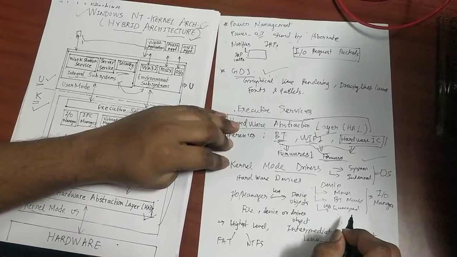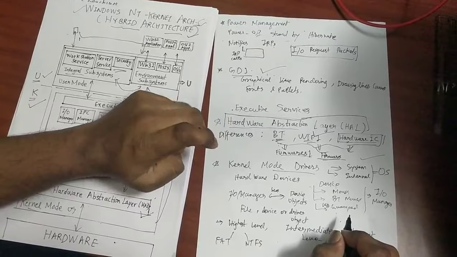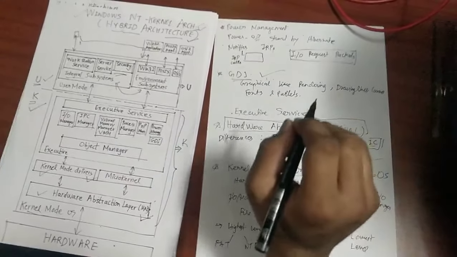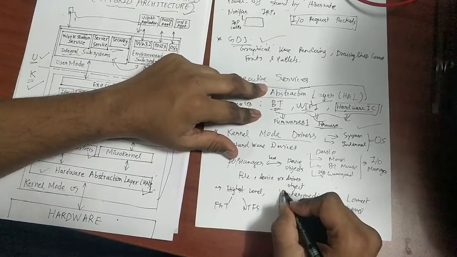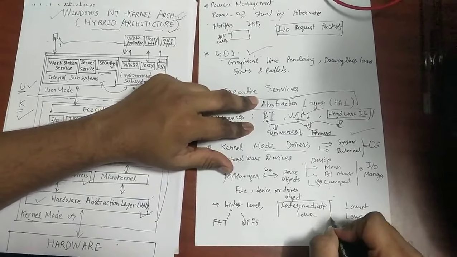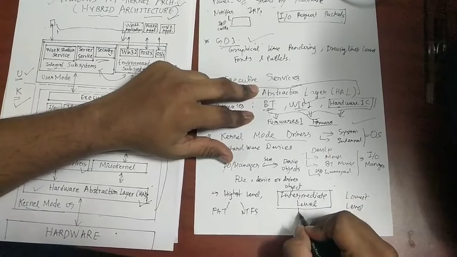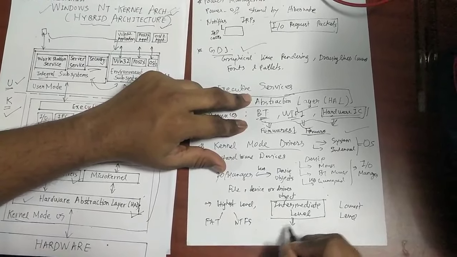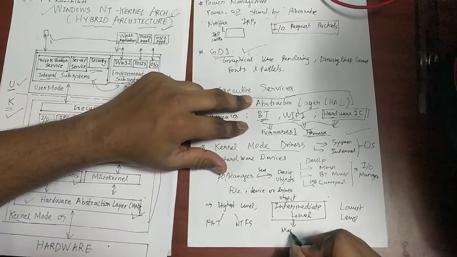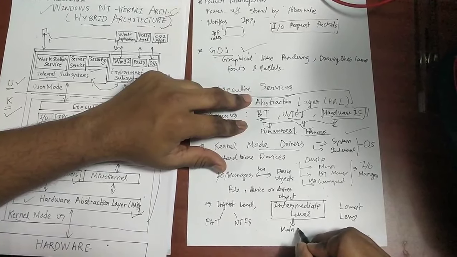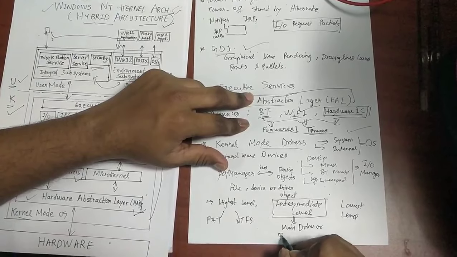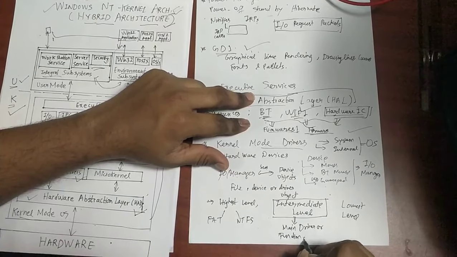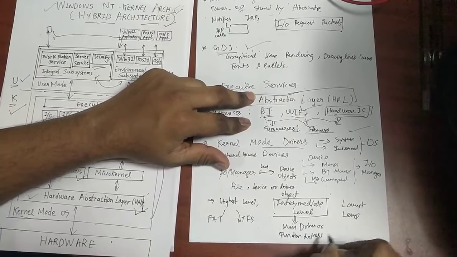This is a bit complicated, but let us not go into that deep level. Let us consider that this particular intermediate level is the main driver for Windows, also known as function drivers, right?